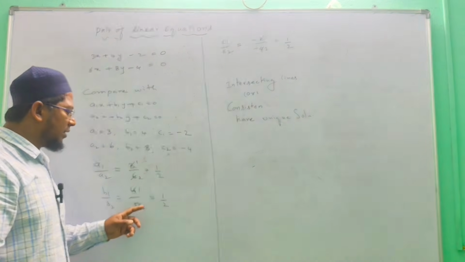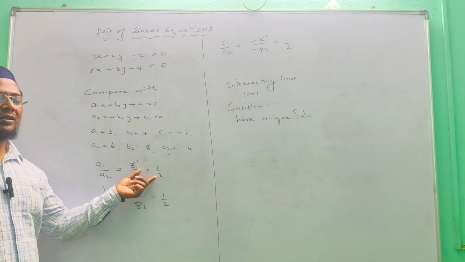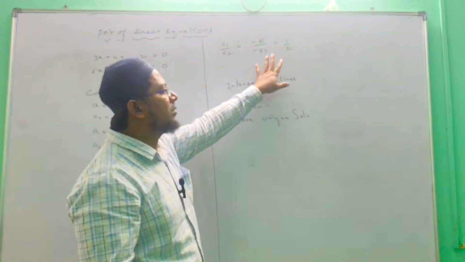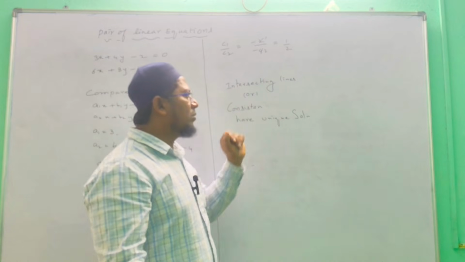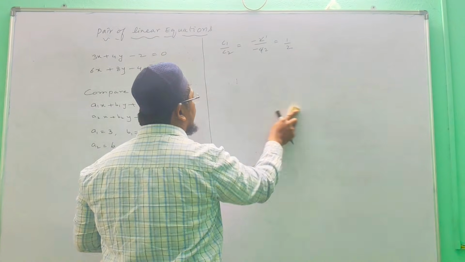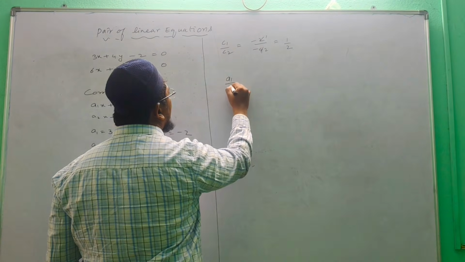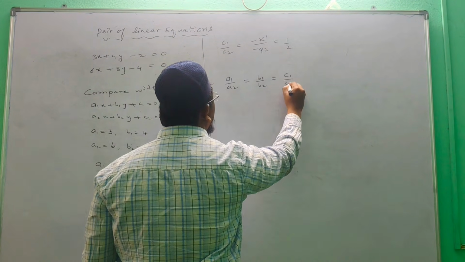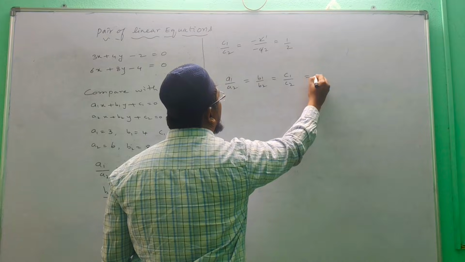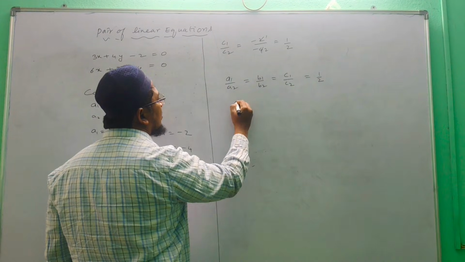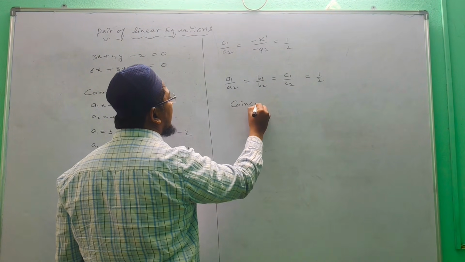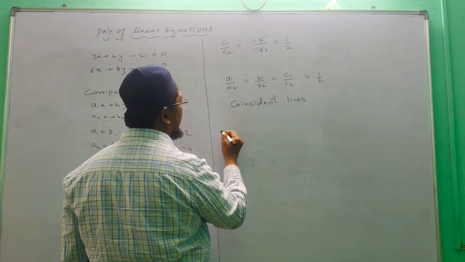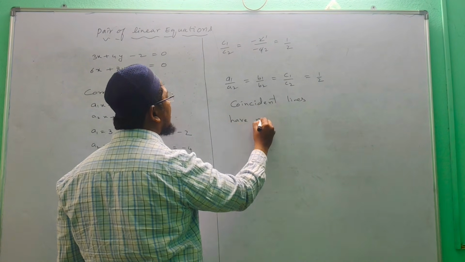In these three cases, we observe that a1 upon a2 is 1 by 2, b1 upon b2 is 1 by 2, and c1 upon c2 is 1 by 2. So we say that a1 upon a2 is equal to b1 upon b2 is equal to c1 upon c2, which means equal to 1 by 2. Which lines? Coincident lines have many solutions.